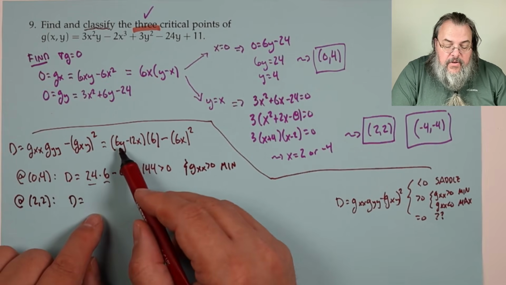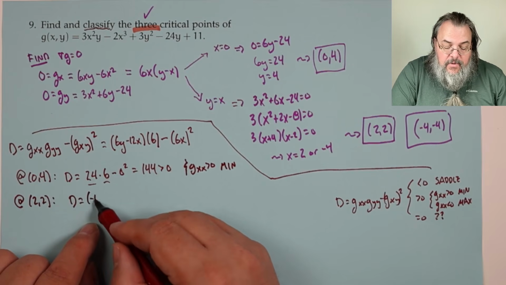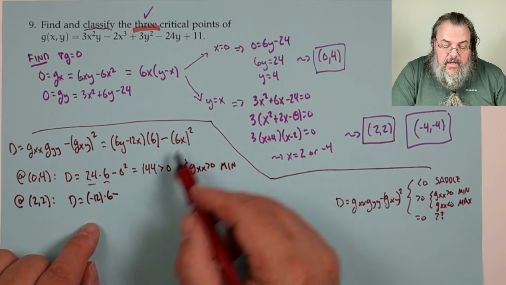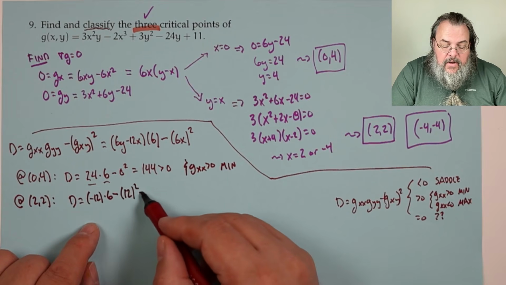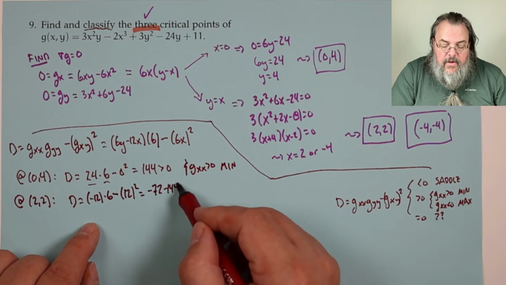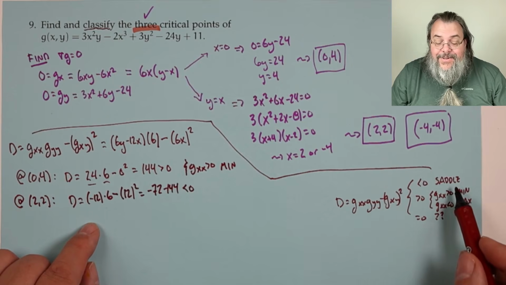Well, we'll get 12 minus 24. Negative 12 times 6. Subtract 6 times 2, which is 12 squared. That's minus 72. Subtract 144. That's negative. Negative value, saddle.